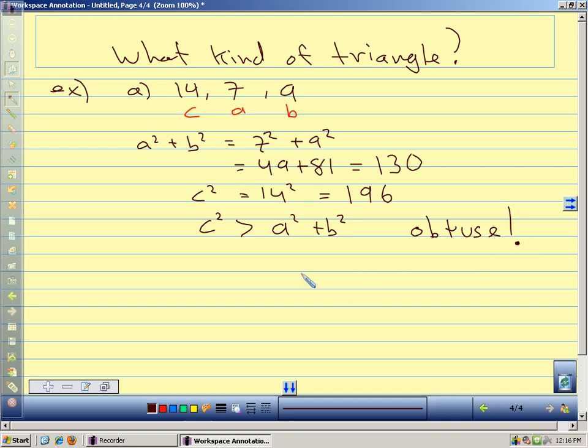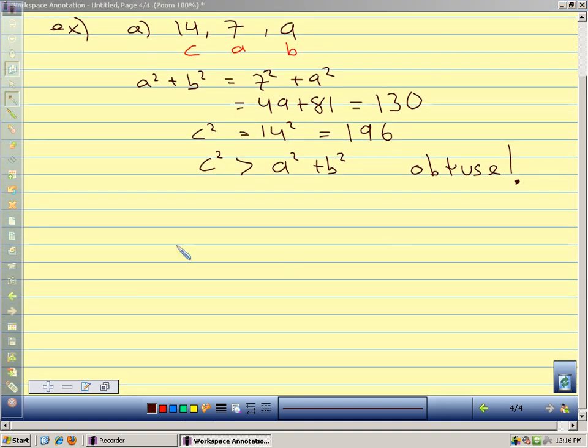Let's look at another example. In this one, we have 2.5 for one side, 6, and 6.5. We want to know what kind of triangle. So for this one, which side is going to be C? 6.5, our longest side.